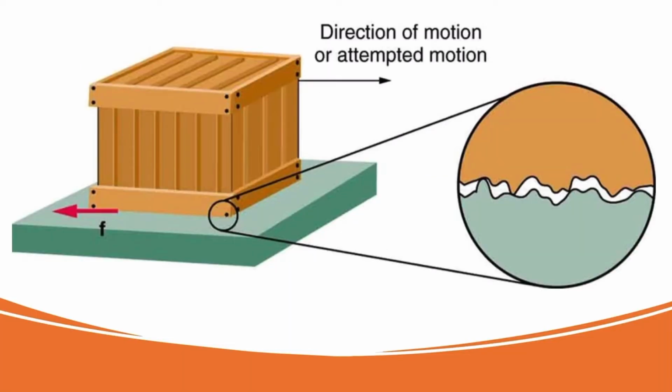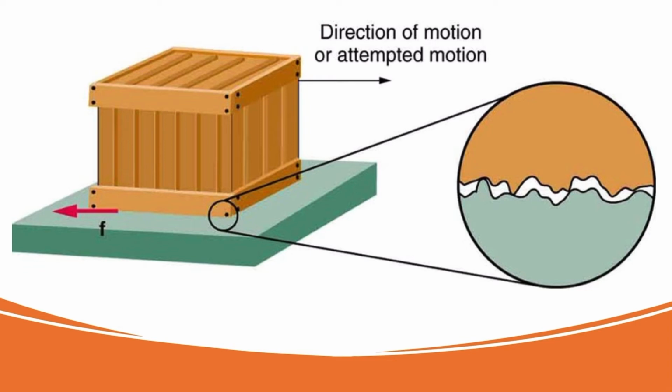Friction depends on two factors. One is the roughness of the two surfaces, and the other is the weight of the object.